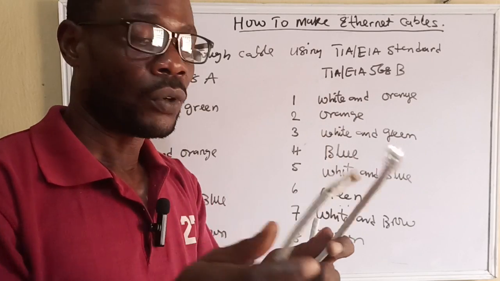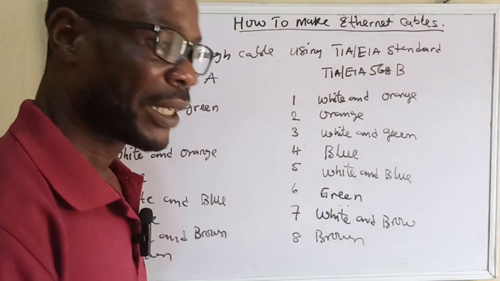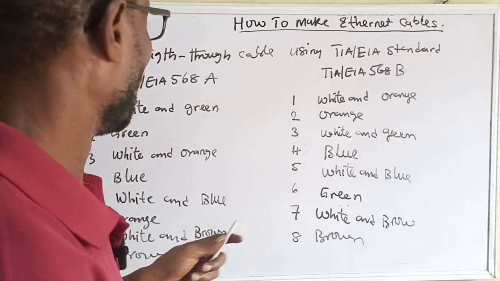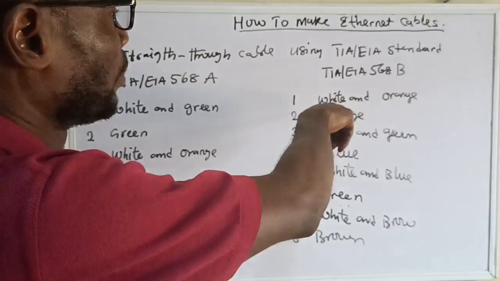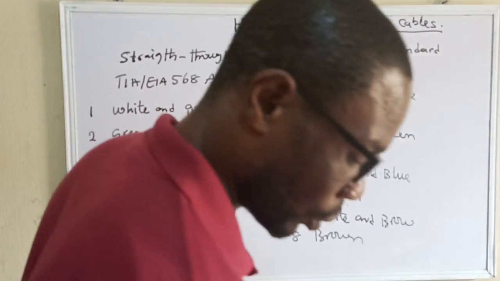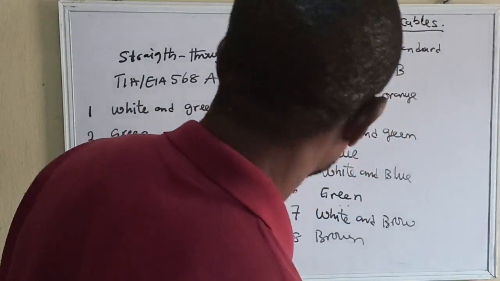Now for you to make a crossover cable, once you have selected this and pinned it here, you need to use the B side. Let me show you something.